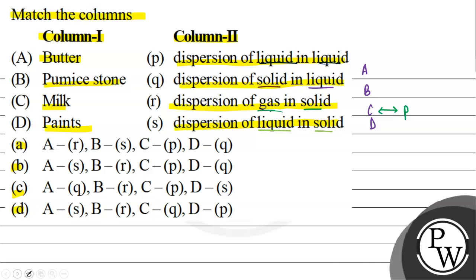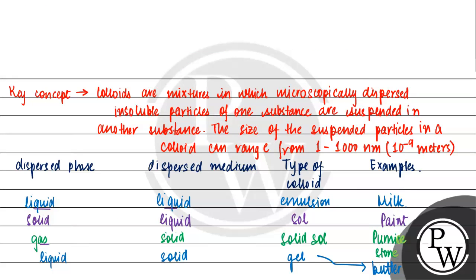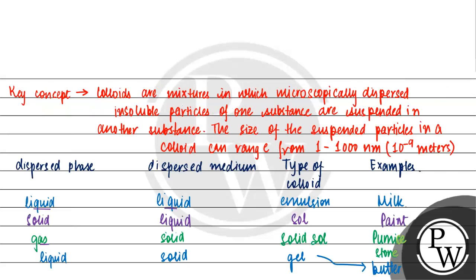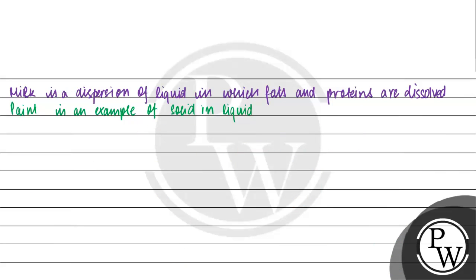Now let us talk about solid and liquid dispersion. Solid and liquid dispersion is our paint. You can say paint is an example of solid in liquid. And these colloidal solutions are known as sols.